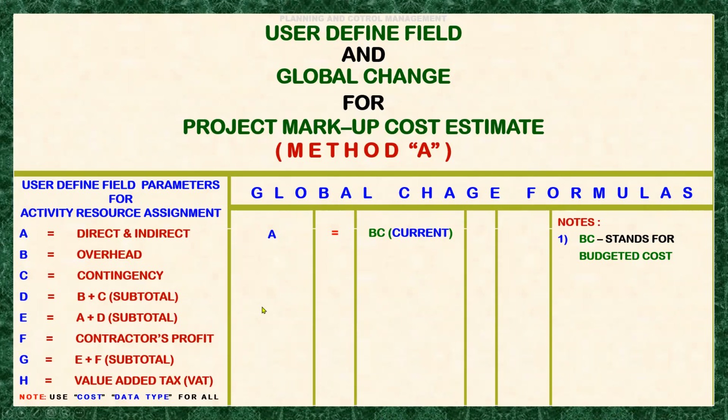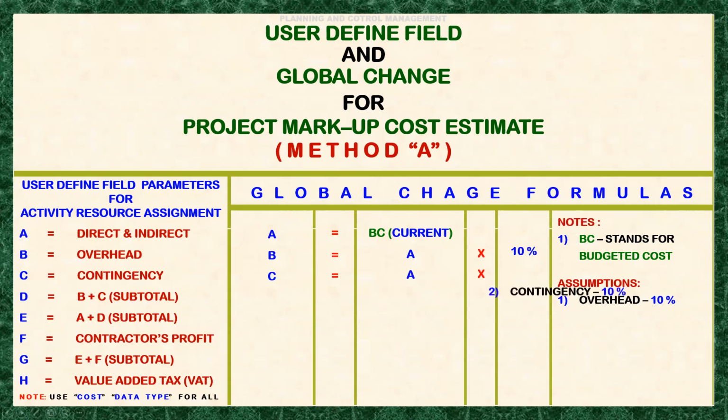Next, B is the overhead. We have our assumption here for the overhead, which is 10%. That means overhead is simply the direct and indirect cost of the activity multiplied by the percentage. And we will put it here 10%.